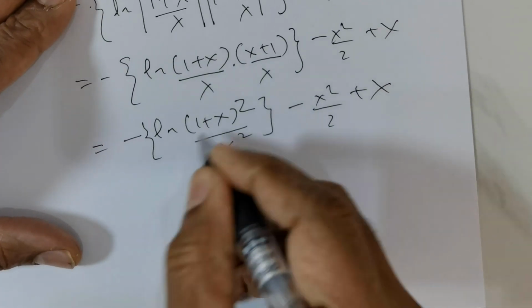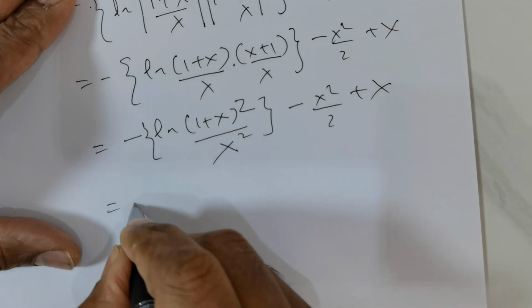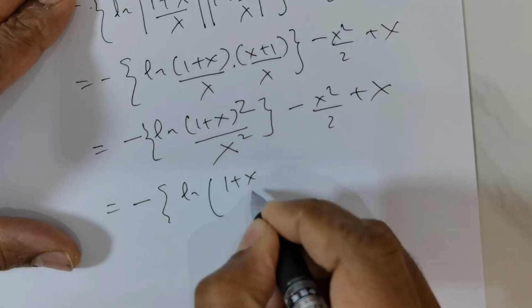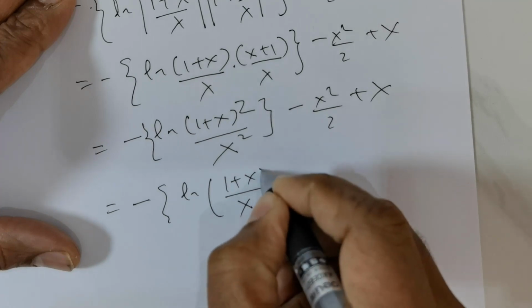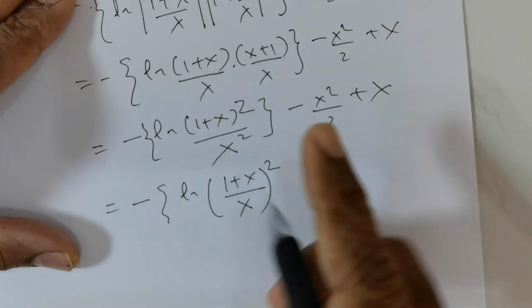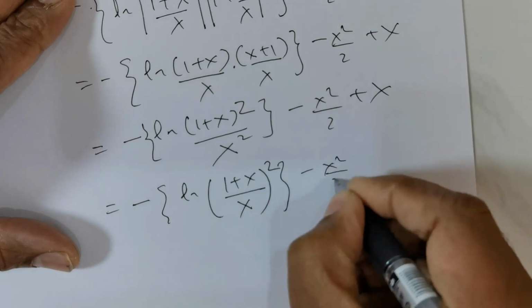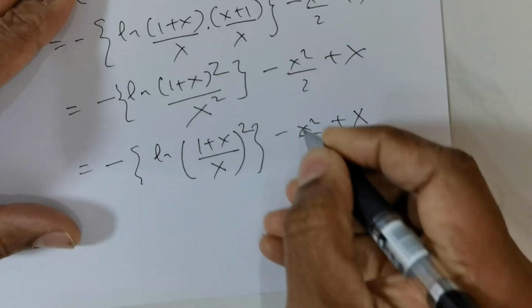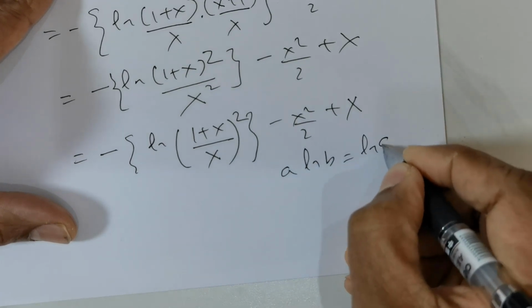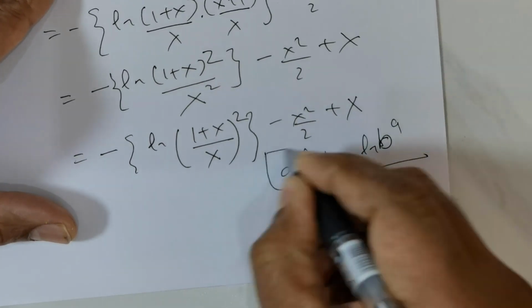Now I can rewrite this as negative ln of (1 + x)/x, with this entire 2 placed over here, followed by negative x squared over 2 plus x. Now if you have a times ln b, this is equal to ln of b raised to the power of a, right?